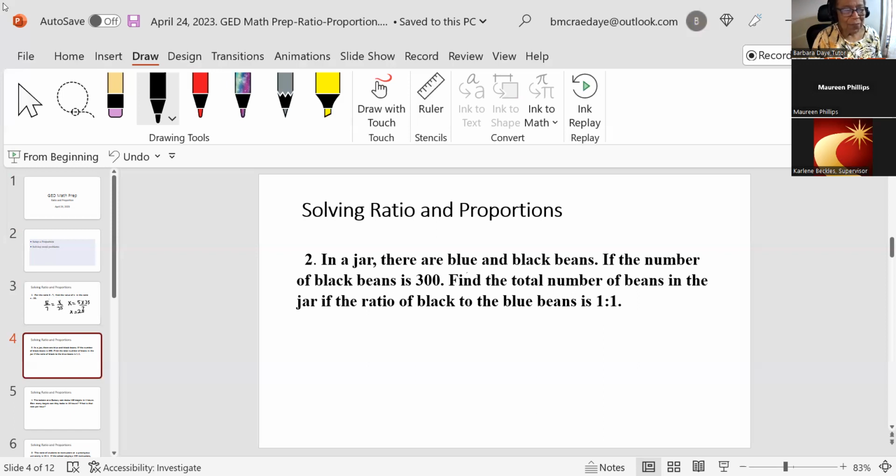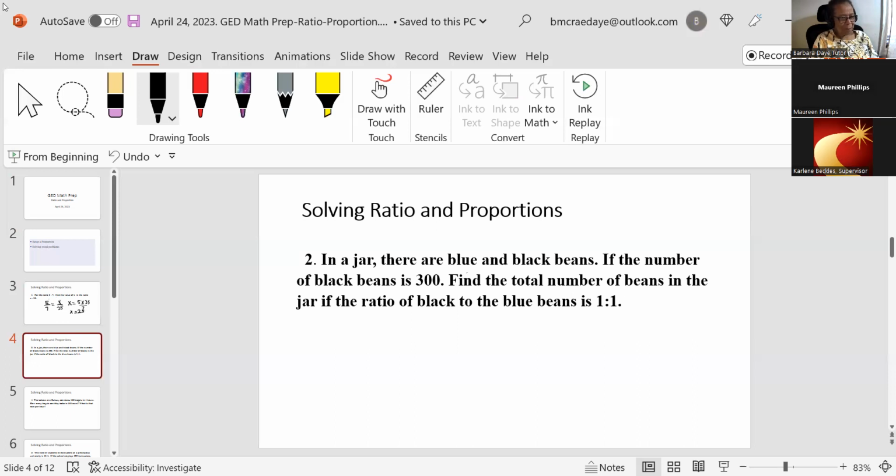So we put the 300, right? Got to figure out this one. Think ratios and proportions about this one, Maureen. If the ratio is 1 to 1, what does that tell you?